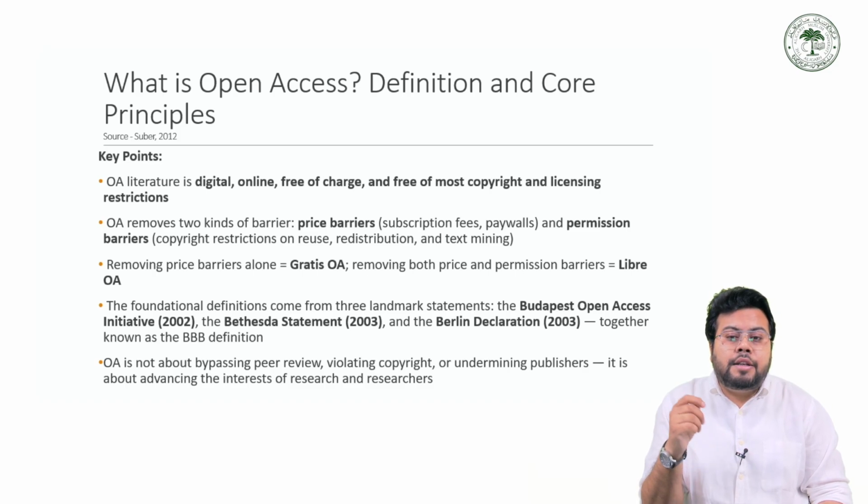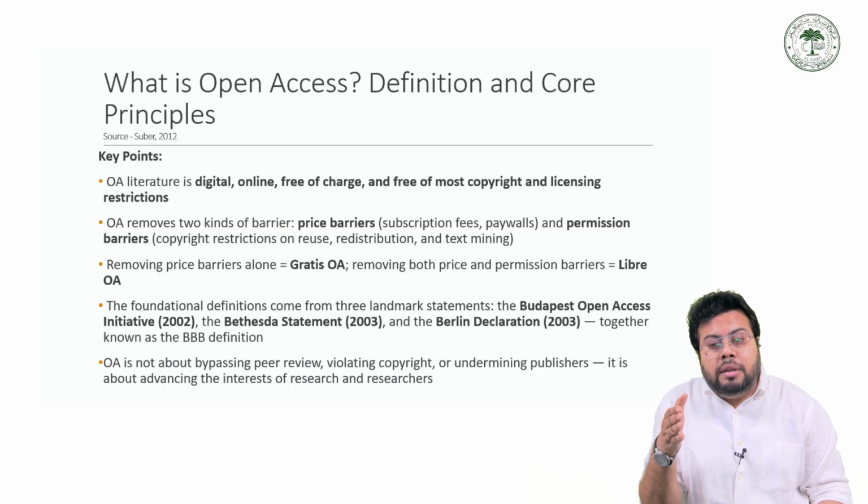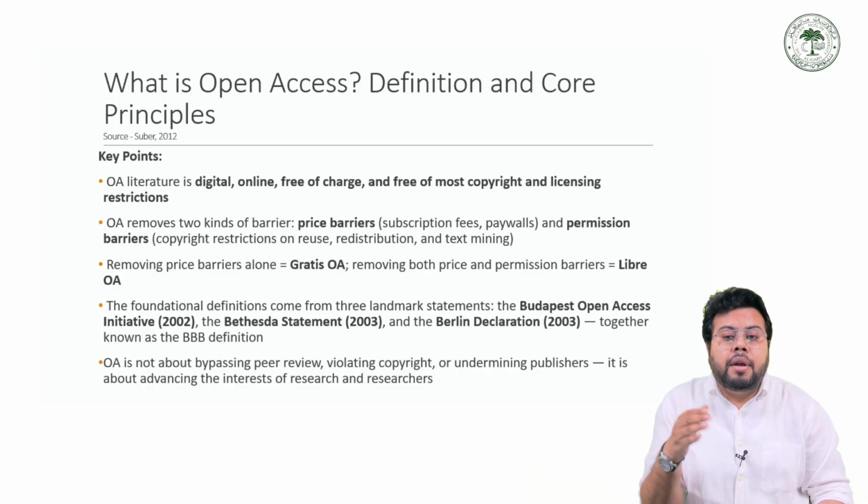Also notice what open access is not, and I want you to hold on to these because they will come up as misconceptions throughout your career. Open access is not about bypassing peer review, it is not about violating copyright, and it is not attempting to destroy publishing. It is simply about making research more widely available.